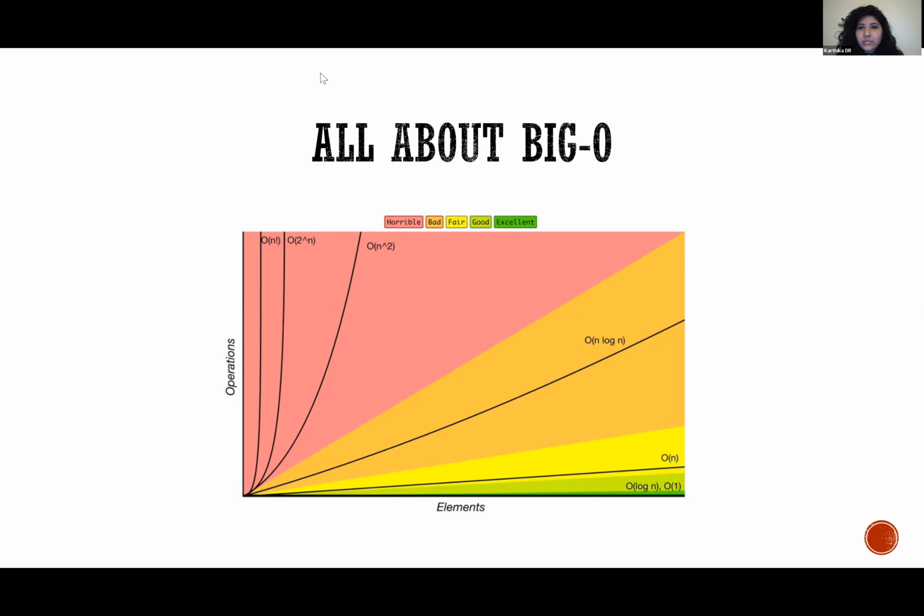Is it bad to use a solution that's O of n squared in an interview? If O of n squared is going to be the brute force, as I told you, for example, searching an element in an array, you can do it in O of n, and in a sorted array you can do it even in log of n, but the brute force will be O of n.